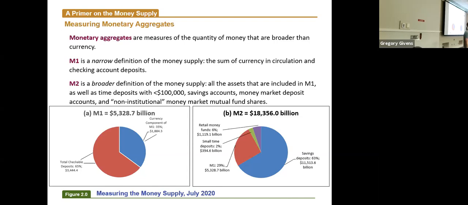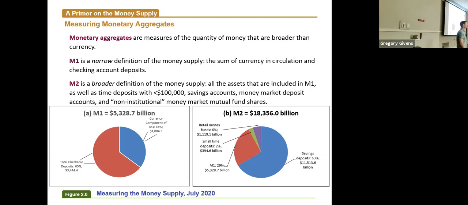Savings accounts, which are different than your checking accounts. Most people can't write checks against their savings accounts. Money market deposit accounts, some of you may have, or your parents may have those, as well as non-institutional money market funds. You know what that means? What does non-institutional money market funds mean?